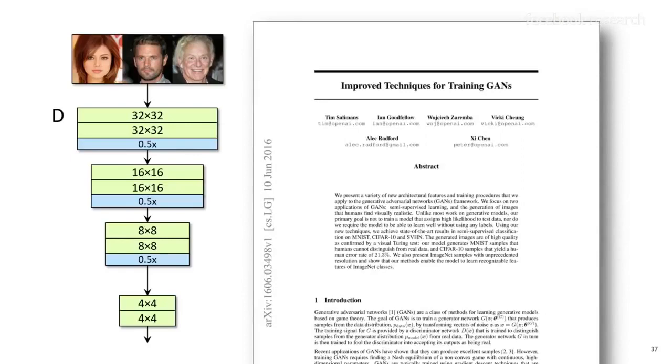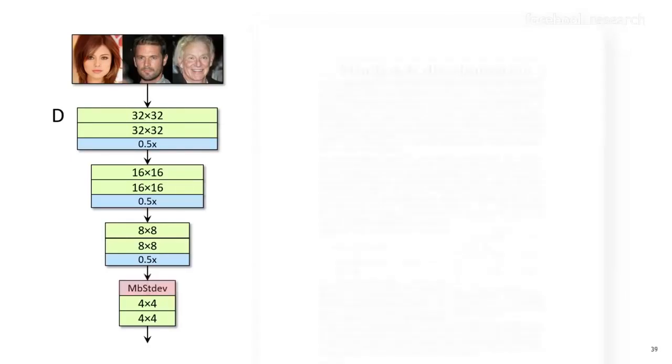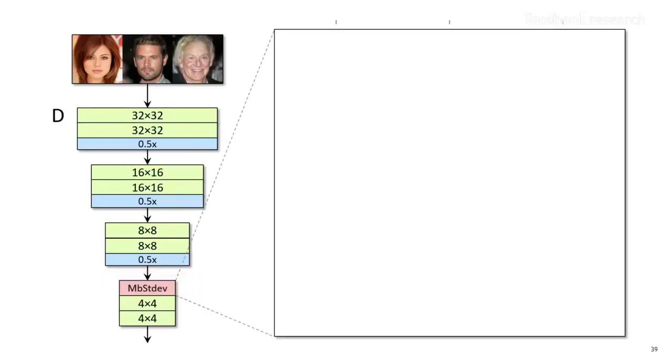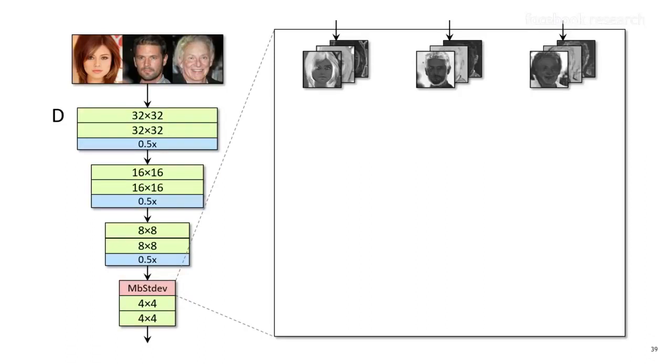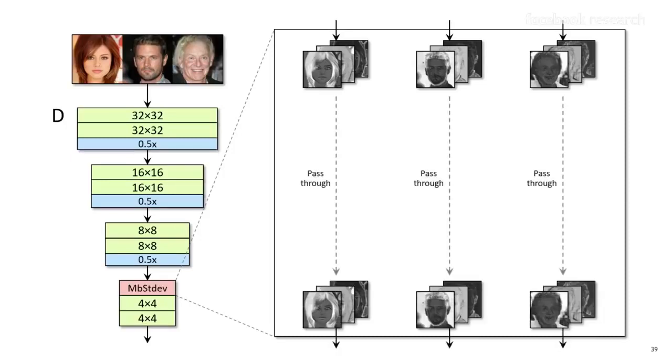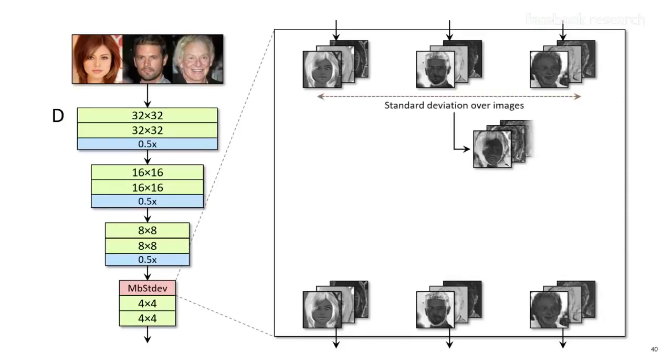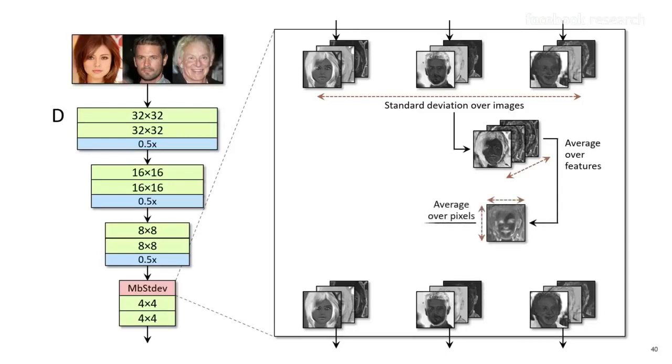This has been proposed before, and it's a good idea, and we build on top of it by introducing this special layer toward the end of the discriminator. The input is the set of activations from the previous layer for every image in the mini-batch. These activations are passed through as is. But in addition, we also compute the standard deviation for every activation over the images. We then average these standard deviations over the features and over pixels to yield a single scale value.